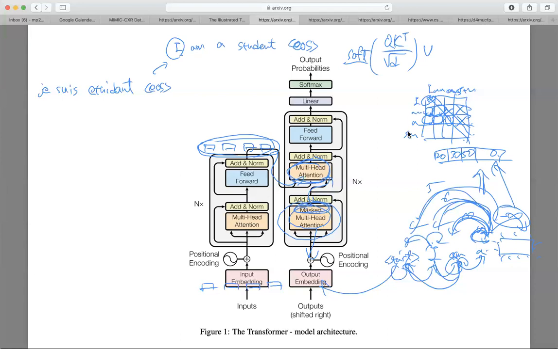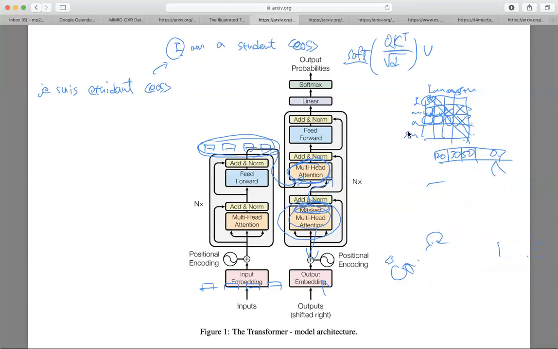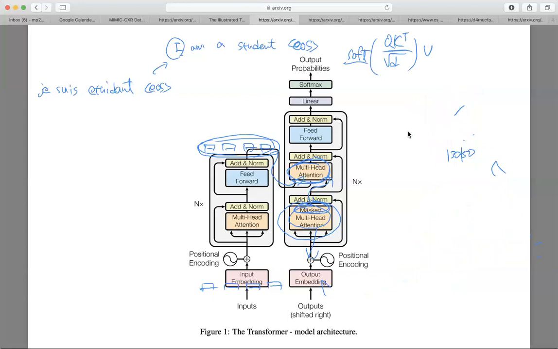All right, so that's what masked multi-head attention is for. I'm going to erase all this. I was assuming that we'll have start, I, am, and then it's time to predict "student".